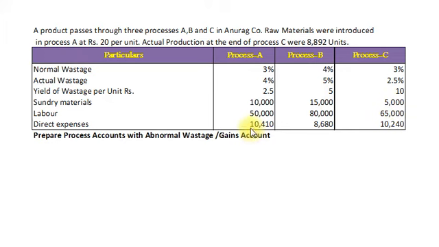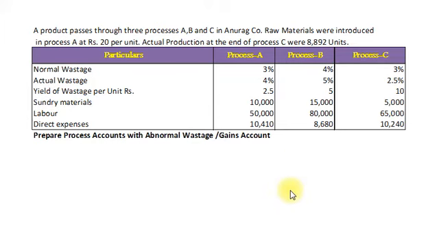Direct expenses 10,410 in process A, 8,680 process B and 10,240 process C. From this information we have to prepare process accounts with abnormal wastage and abnormal gain account. This is from Veer Narmad South Gujarat University exam paper.